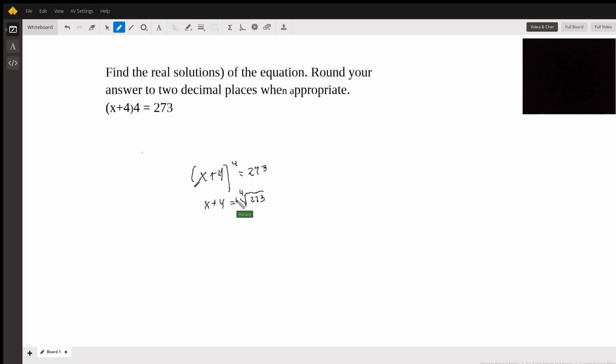But we also have to put a plus or minus in front. When you're taking the nth root, if n is odd, there's no issue. There's only one answer if n is odd.